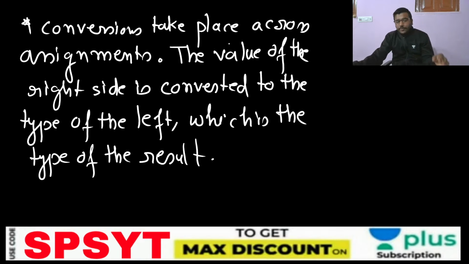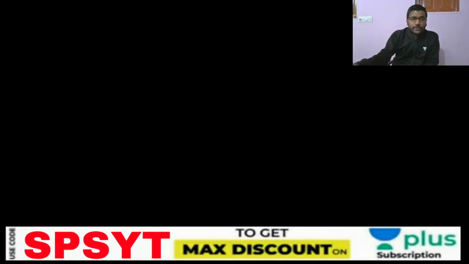So conversion takes place across assignment also. Whatever value it has on the right side, it will get converted into the type of the left. Let me explain with an example.